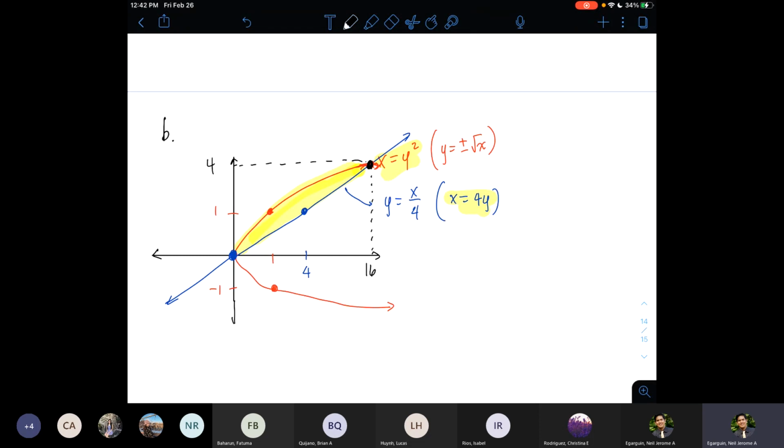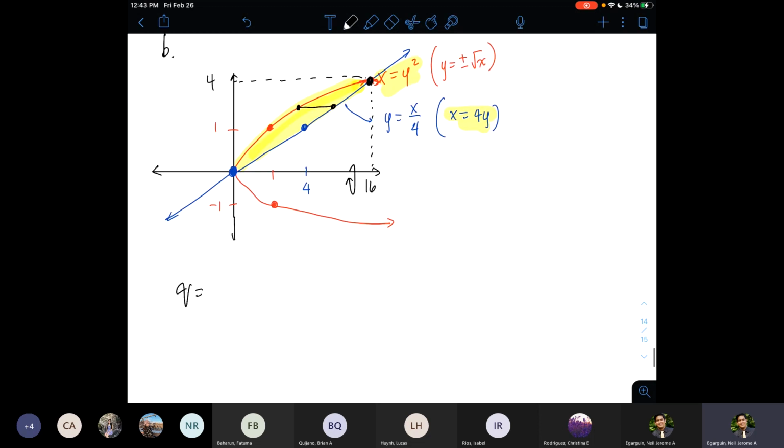For part B, we have the same shaded region, same axis of revolution, but this time we are required to use cylindrical shells. Now, cylindrical shells require the strips to be parallel to the axis of revolution. So that means we need to use horizontal strips here. And horizontal strips always go with the variable y, okay?